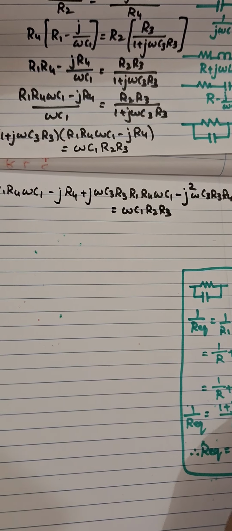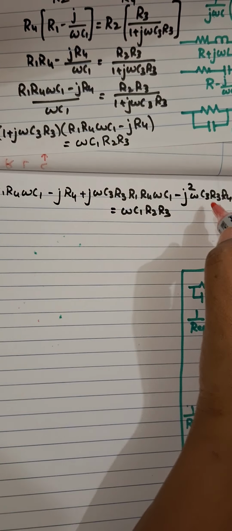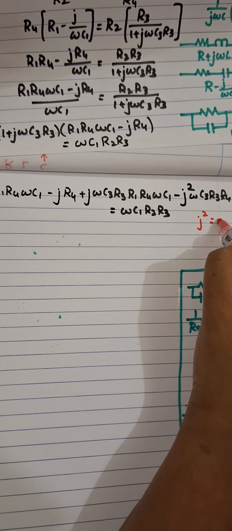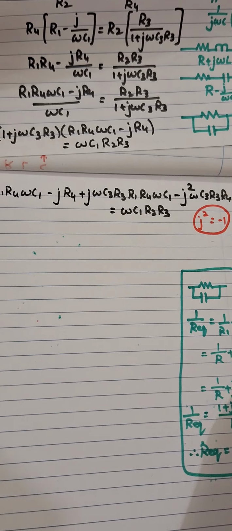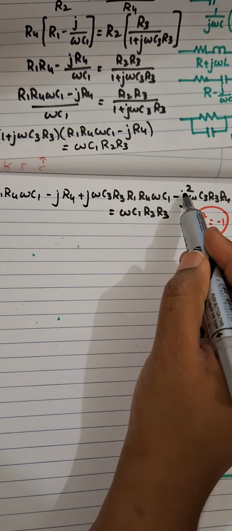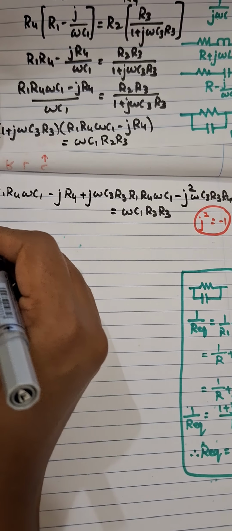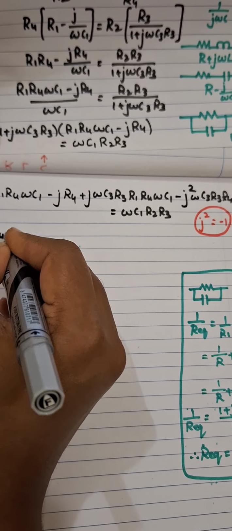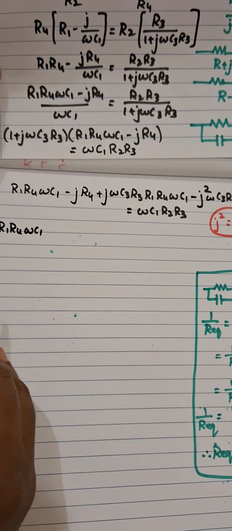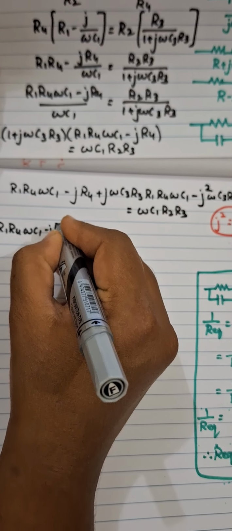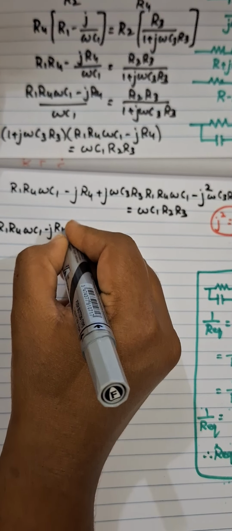Okay, but usually according to mathematics we know that j square is equals to minus 1. So with this, j square is minus 1. Minus 1 into minus will become plus. So I am going to write it as R1 R4 omega C1 minus j R4 plus j omega into omega square R1 R3 R4 C1 C3.